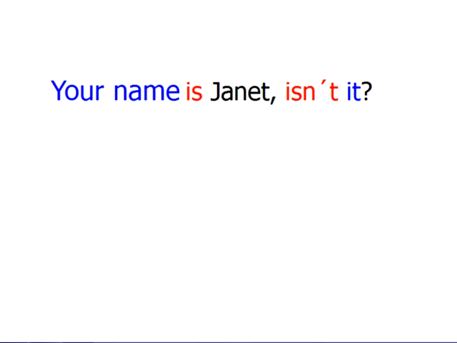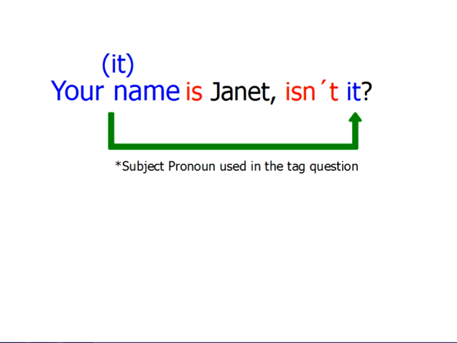Your name in this context is my subject, and I'm going to use the subject pronoun it in my tag question. Subject pronouns are things like I, you, he, she, it, they, and we. In the context of your name, it is a thing, so I'm going to use the subject pronoun it in my tag question.